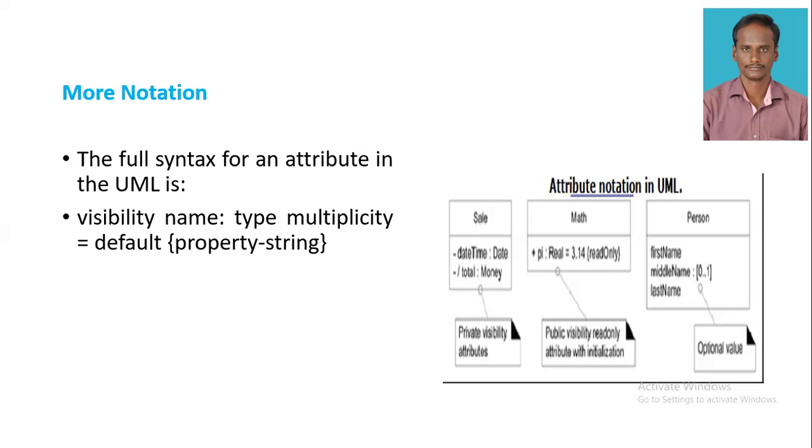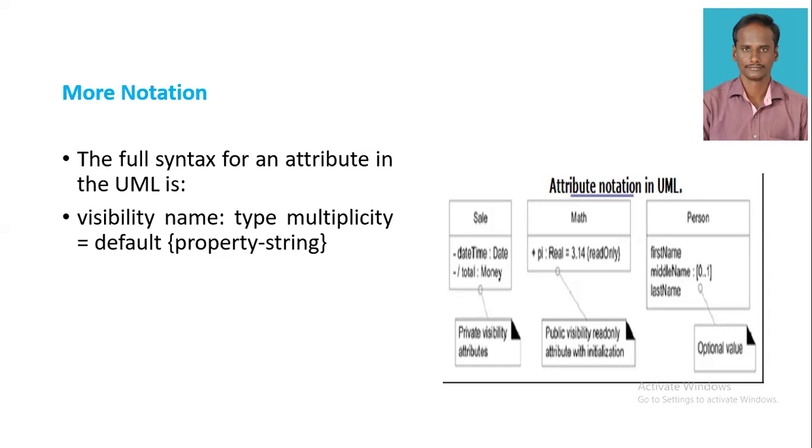Initially we have the class called Sale. It has two attributes, date time and total. After the colon, it has the data type. Here it has only a minus, that is a hyphen, so the hyphens are private visibility attributes.